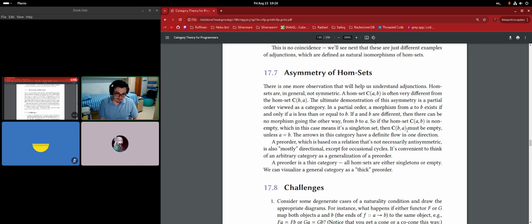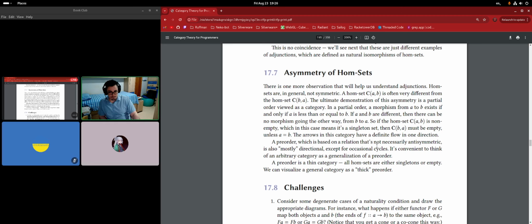I think it's because it's anti-symmetric, unless A equals B, because the partial order that we're using is A less than or equal to B.